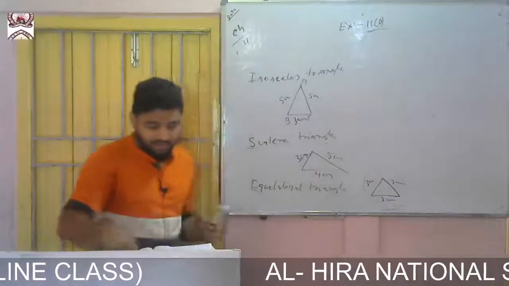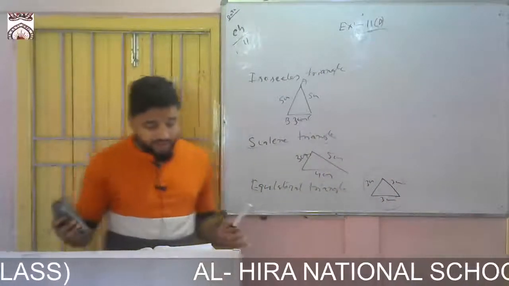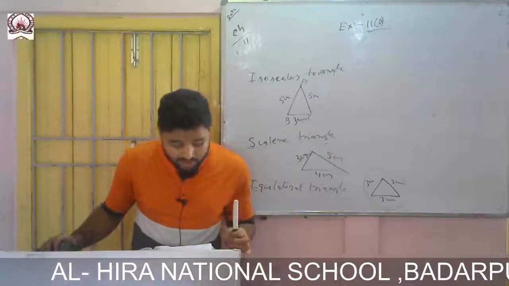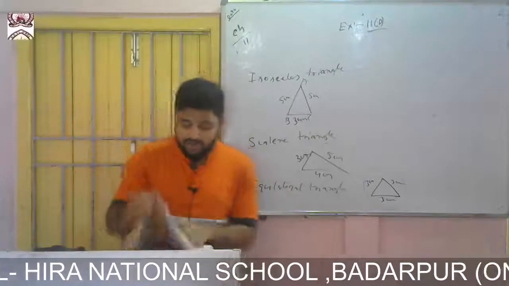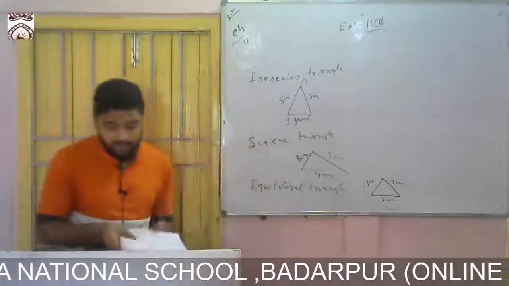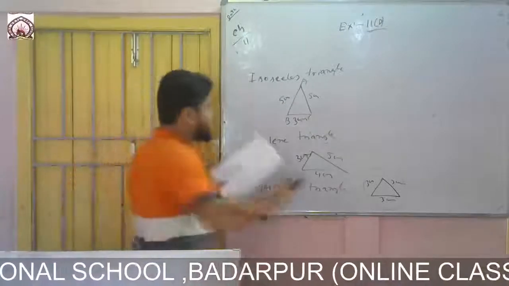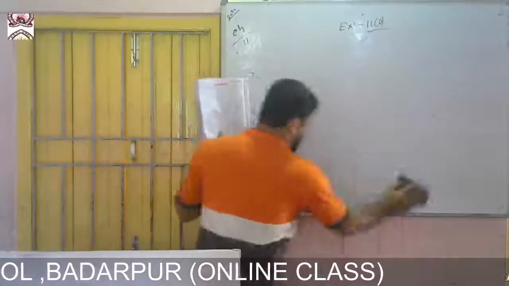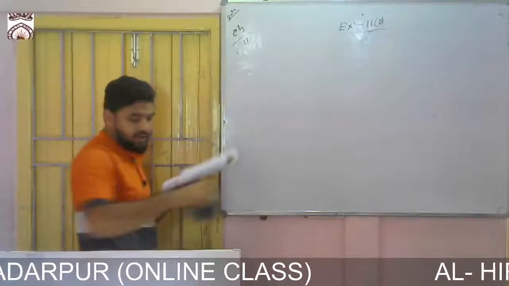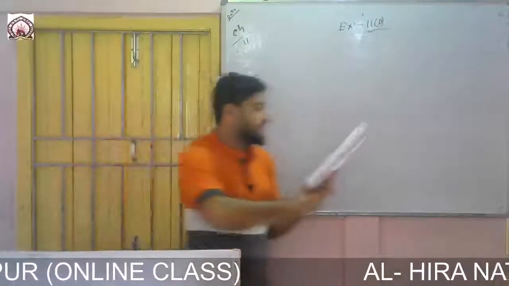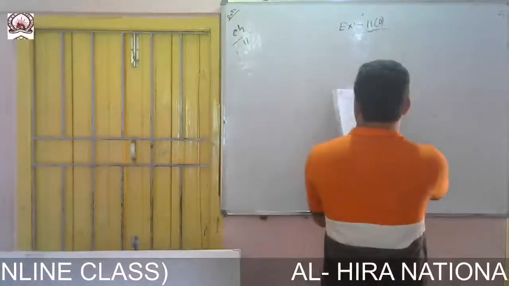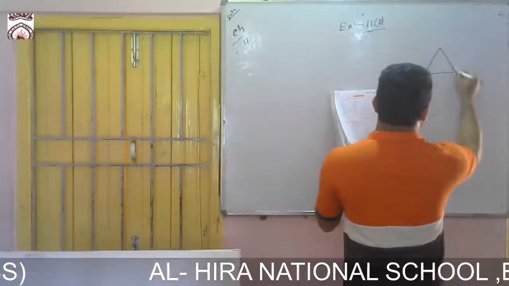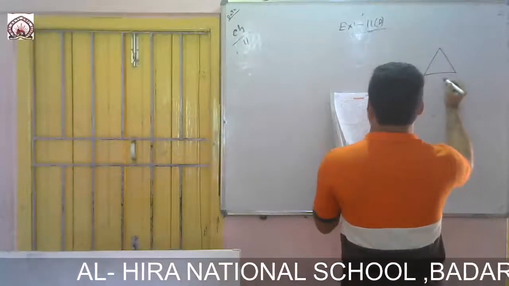Okay. Now come to exercise 11D, question number 1. State for each triangle whether it is scalene, isosceles or equilateral. The figures are given, so let me draw the figures. This one is done like this.